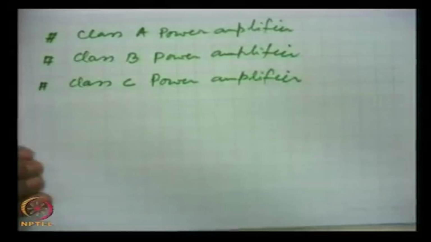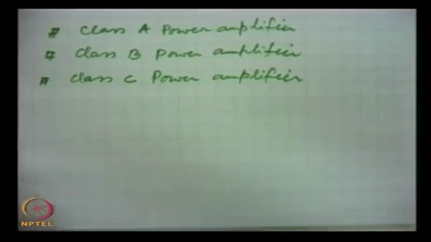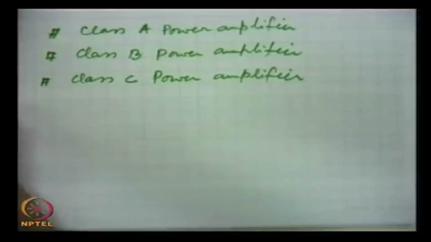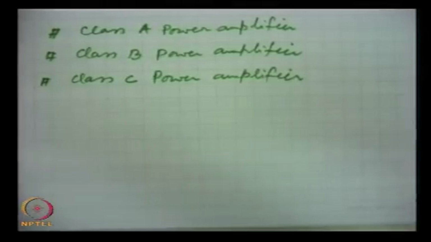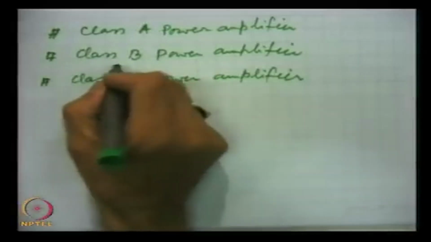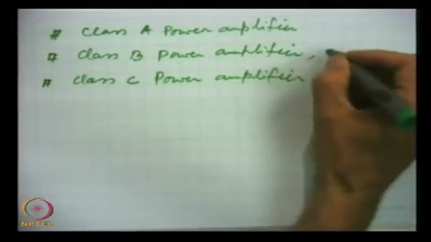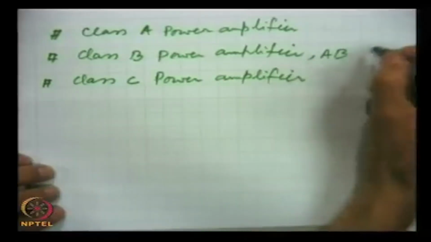In class B amplifier, when we go for details, we will see that when a transistor is operated in purely class B amplifier, there is some distortion, and the distortion can be removed by making this B operation, instead of pure B, it is AB operation, AB power amplifier.